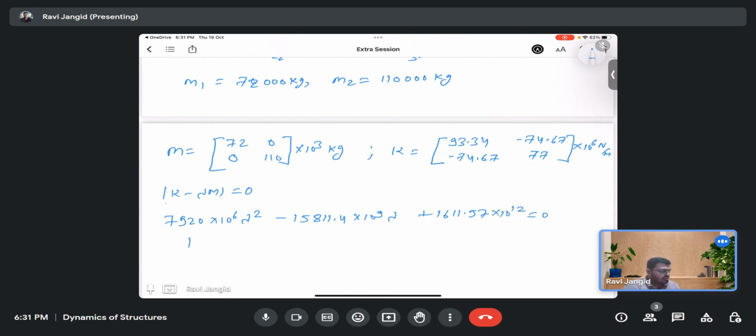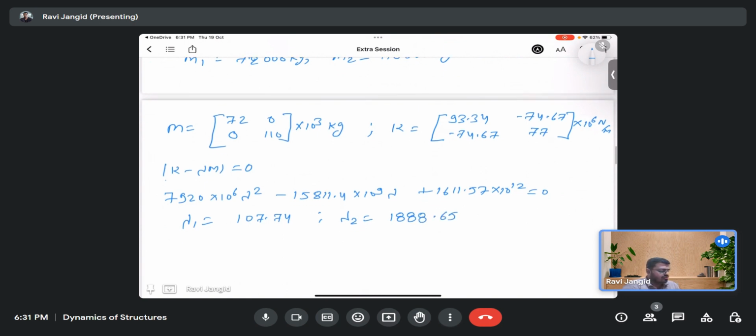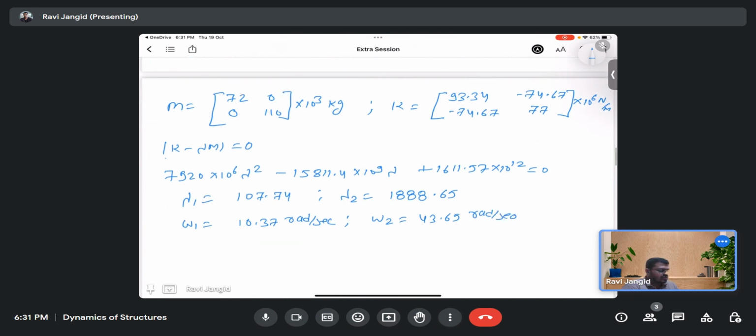If you solve this, you will get lambda 1 is equal to 107.74 and lambda 2 would be 1888.65. From this you can get omega 1 as 10.37 radian per second and omega 2 is 43.65 radian per second.